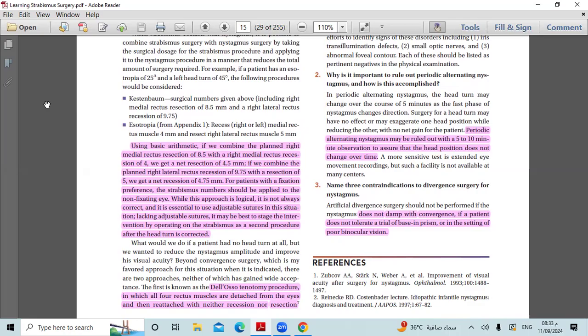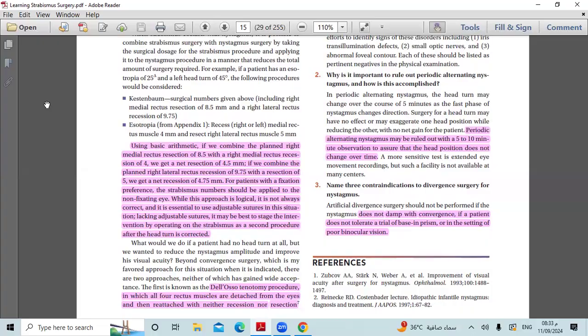Using basic arithmetic, if we combine the planned right medial rectus resection of 8.5 with the right medial rectus recession of 4, we get a net resection of 4.5 mm. If we combine the planned right lateral rectus recession of 9.75 with a resection of 5, we get a net recession of 4.75 mm.